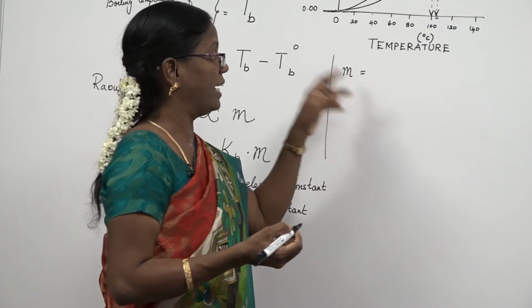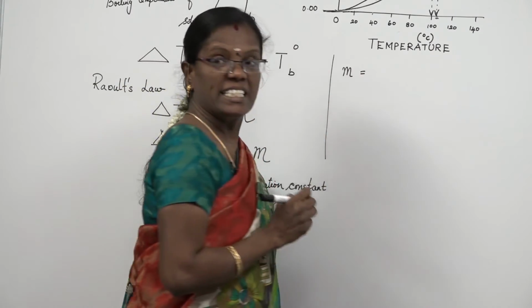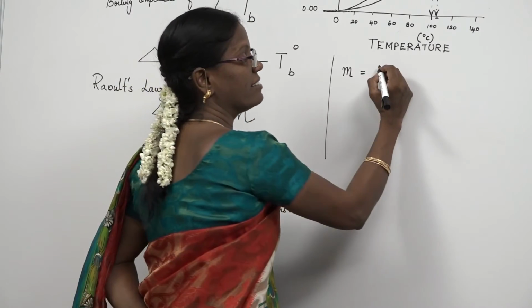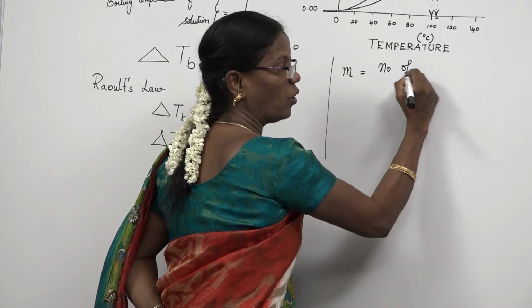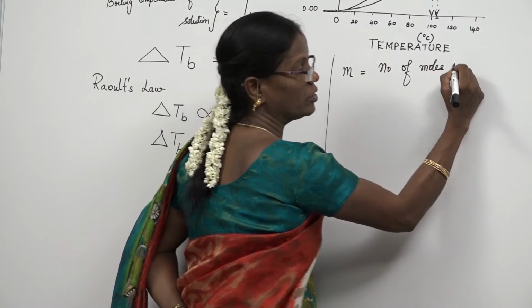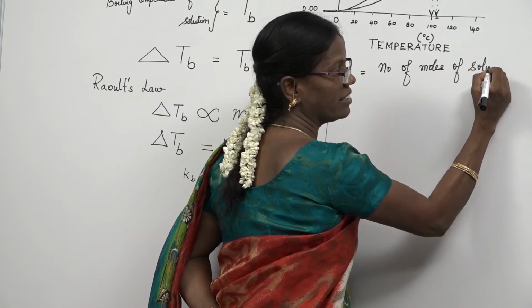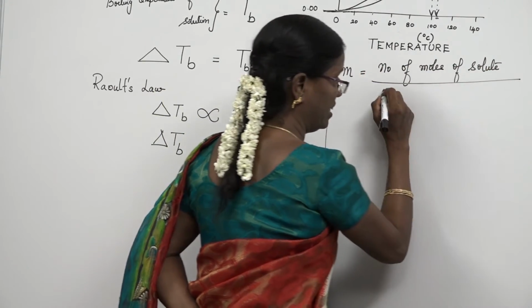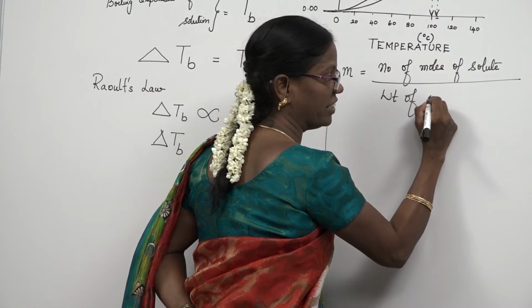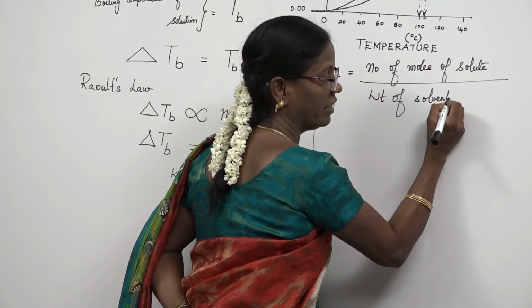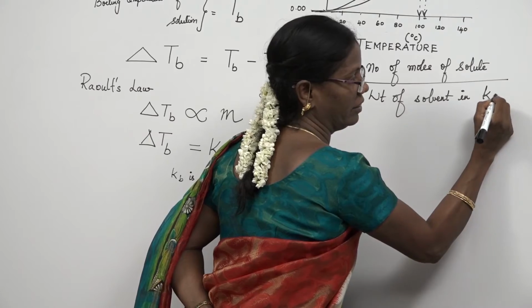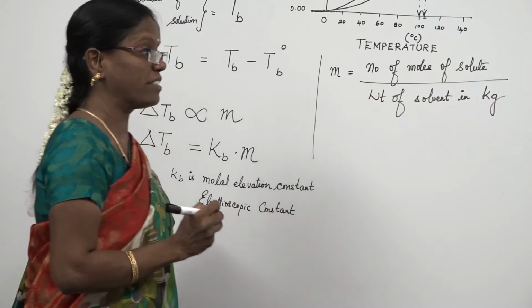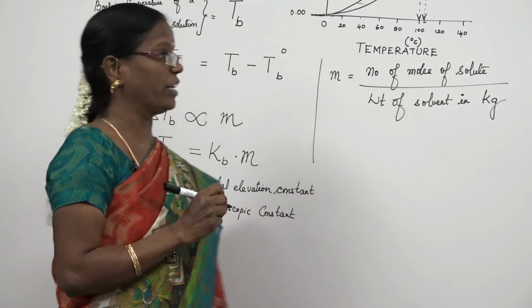Molality is the number of moles of solute in a solution by the weight of solvent in kilogram. You have to express the weight of solvent in kilogram.